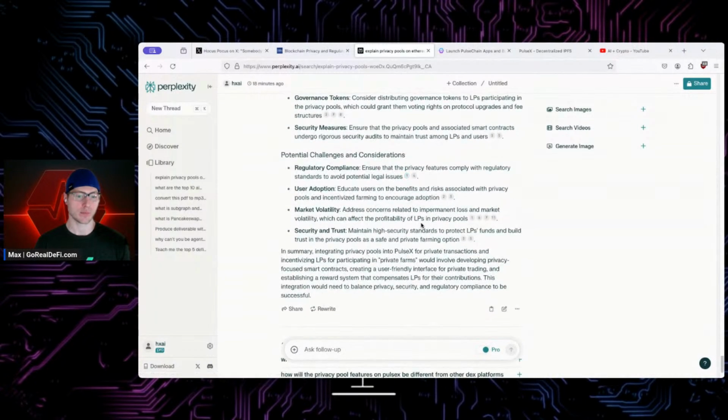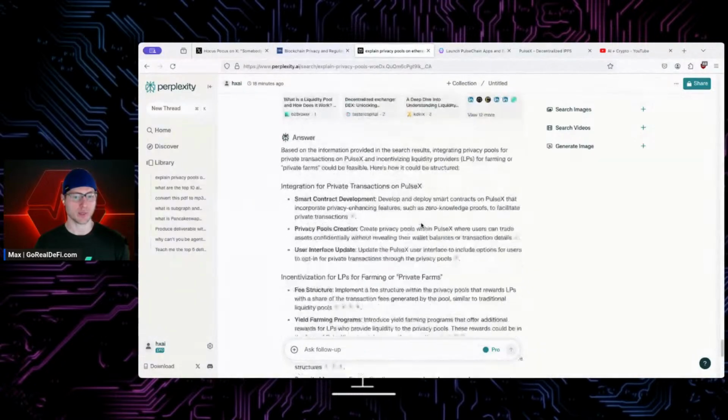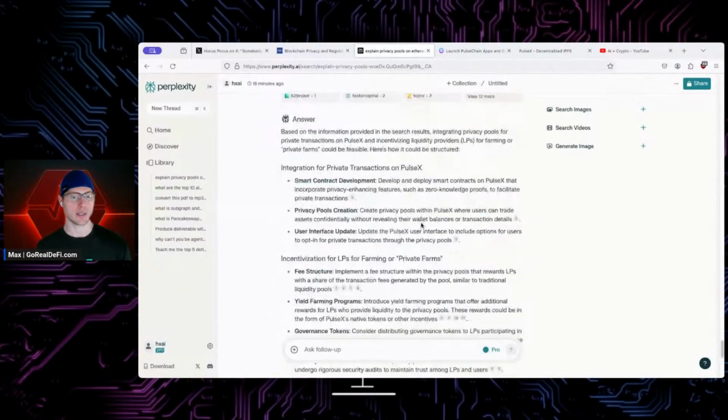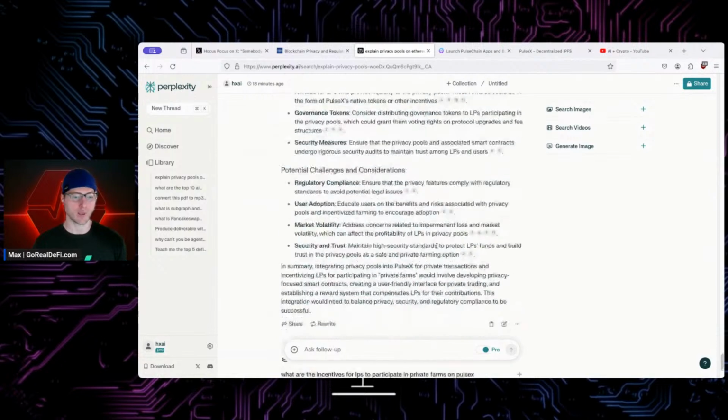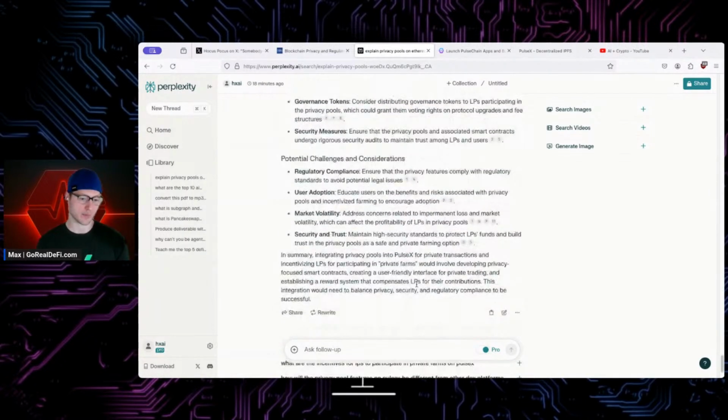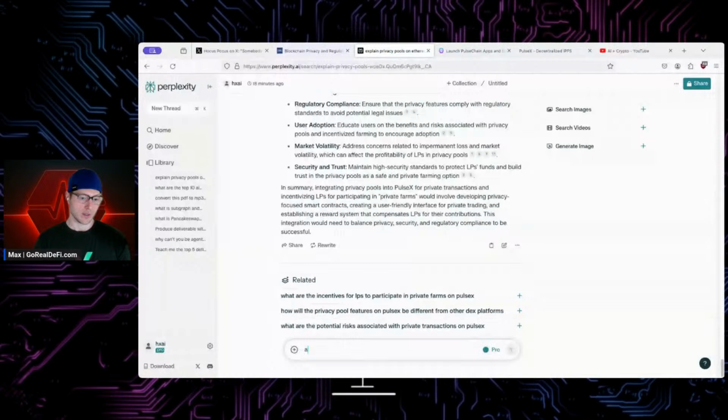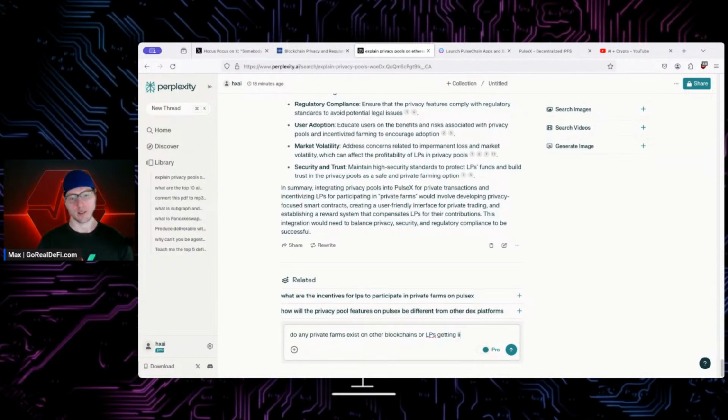I don't know enough about it. I'm just trying to go off of, I hope the AI is not hallucinating or just trying to lead into these theoretical things. All right, let me just double check this too. Do any private farms exist on other blockchains, or LPs getting incentivized on other platforms for privacy pools?